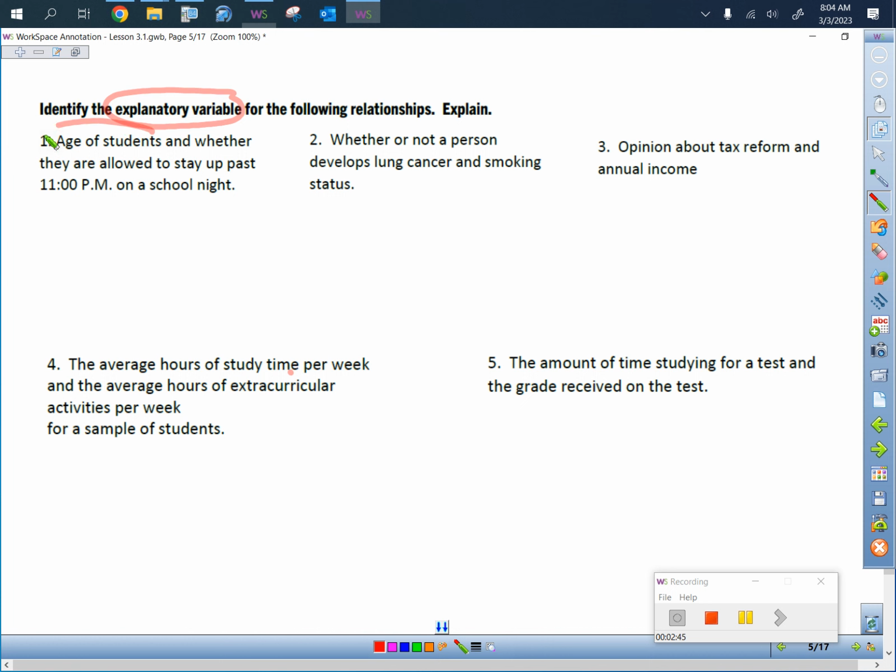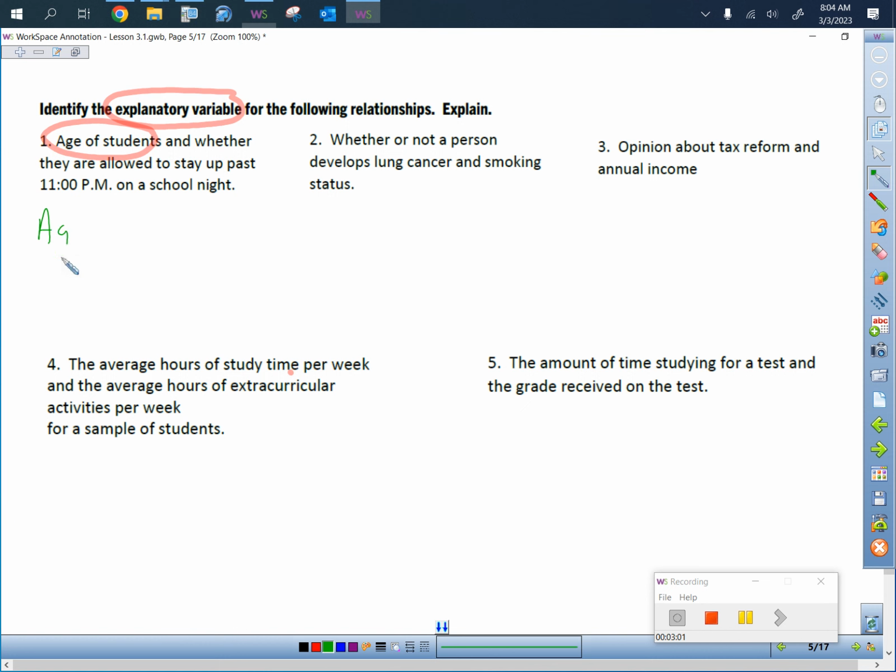I would say knowing the age, because if you were 6 years old versus 10 years old versus 17 years old, that usually can help predict if you're able to stay up. So to explain that, here's what we'll do on the first one.